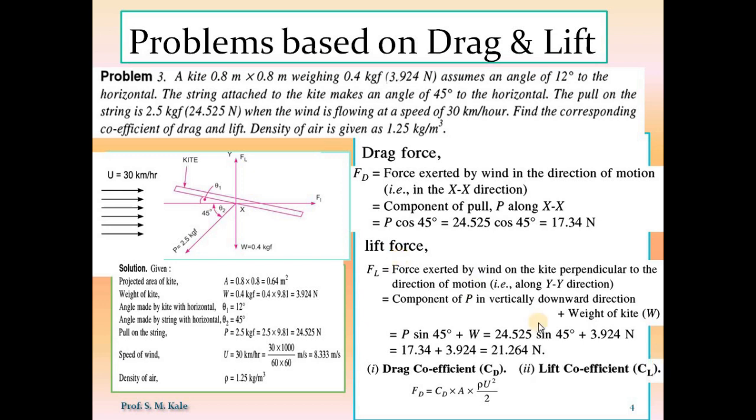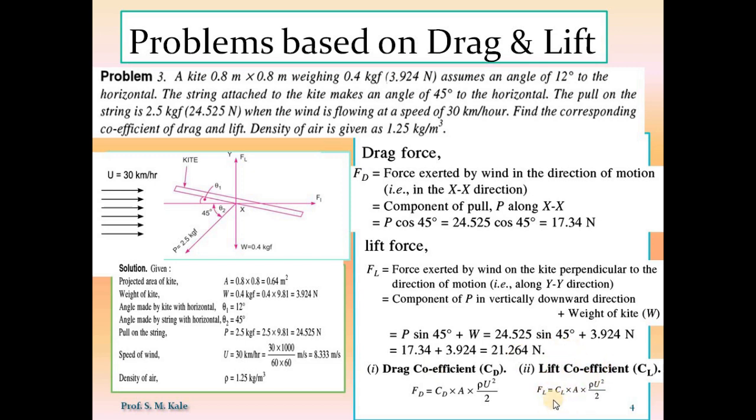Similarly, for calculation of coefficient of lift, we have to use the formula for FL, the lift force, that is CL A rho U square upon 2. Here also the value of FL, the lift force, is 21.264. We have the projected area 0.64, and the values of rho as well as U we know. So the only unknown term will be CL.